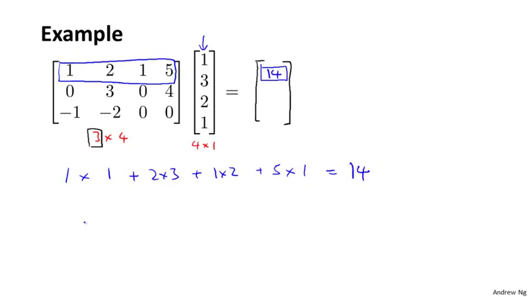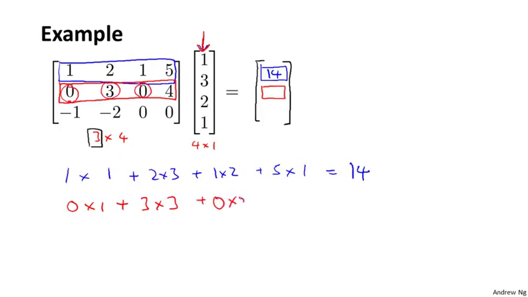And then for the second element, I'm going to take this row now and multiply it with this vector. So 0 times 1 plus 3 times 3 plus 0 times 2 plus 4 times 1, which is equal to 9 plus 4, which is 13.